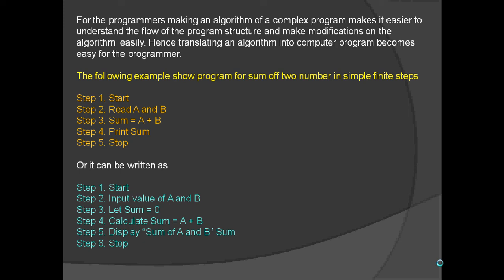Whichever way you write, both are correct. It depends on the programmers what kind of format to use for the algorithm. But of course, an algorithm also follows certain procedures, so you have to write in the syntax of the algorithm language.